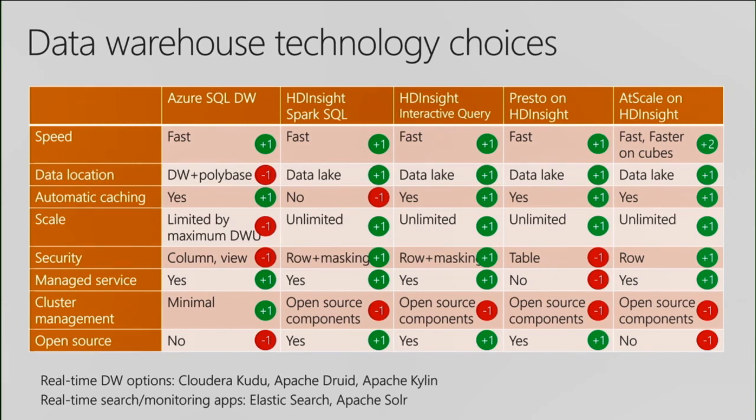On the other hand, other technologies like Spark SQL and interactive query, they share most of the properties, and one of the highlights here is their ability to provide security features on top of your data warehouse. So just a couple of years ago, the approach to data warehousing in open source space was fairly simple.